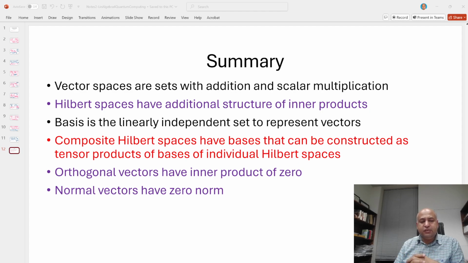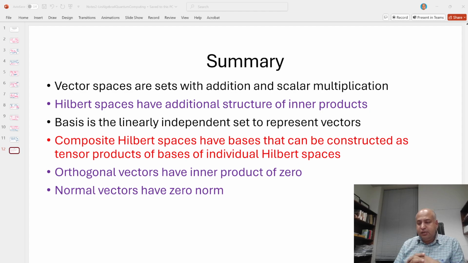And we just saw that a composite Hilbert space, which is the Hilbert space of a big system composed of many small systems, is just the tensor product of the individual Hilbert spaces, and the basis can be written as the tensor product of bases of the individual Hilbert spaces.